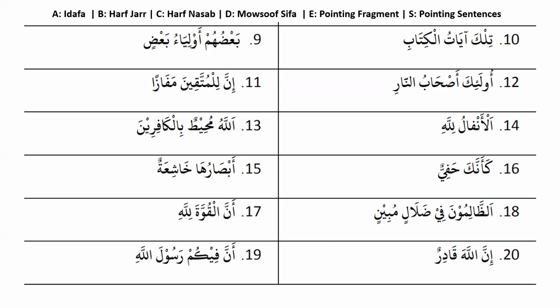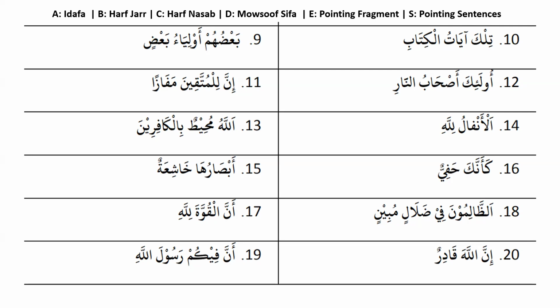So how many fragments here? Two fragments. Fi is harf of jar. That's why dalalin and mubinin, the mawsuf and sifa, are both in jar status. So one mawsuf-sifa, which is dalalin mubinin, and fi dalalin mubinin is harf of jar. So the zalimun are in clear misguidance.